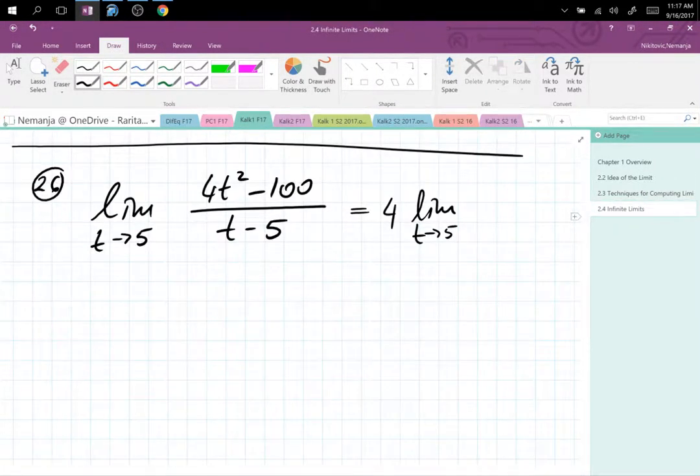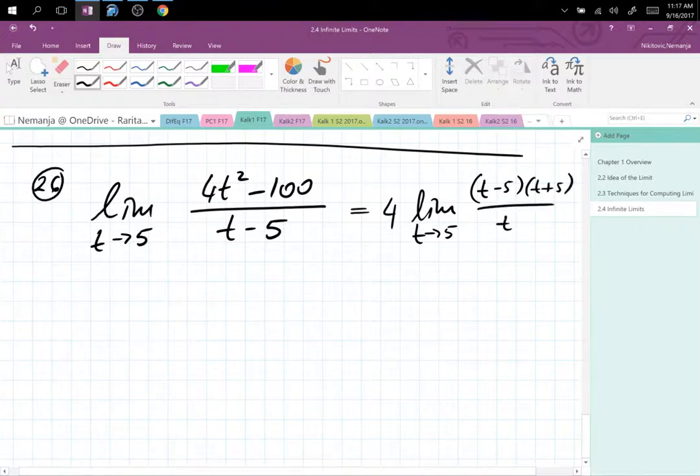We are left with t squared minus 25, so that's t minus 5, t plus 5. T minus 5, these guys cancel, and what we get is 4 times 10, which is 40. Nice.